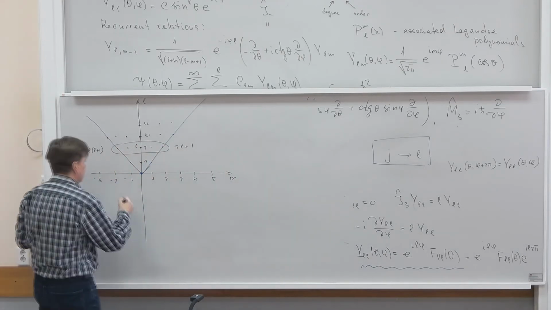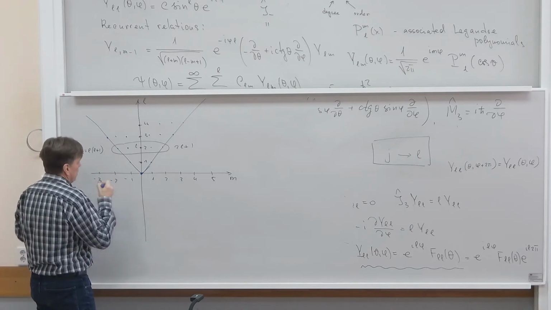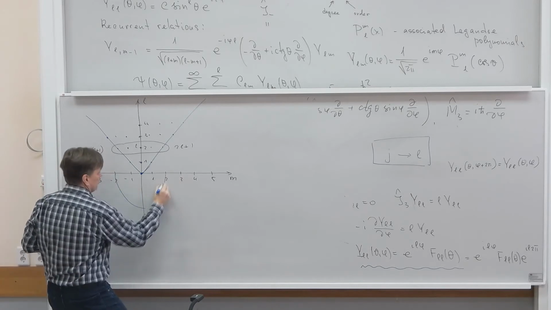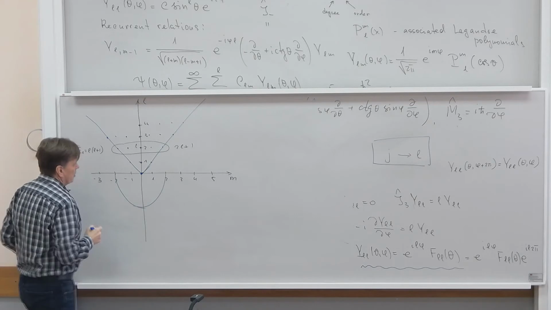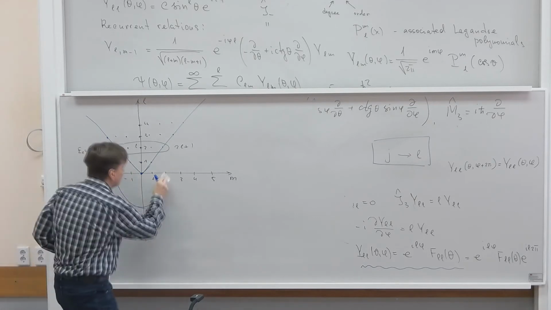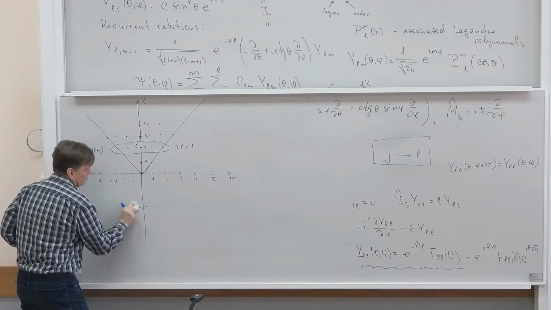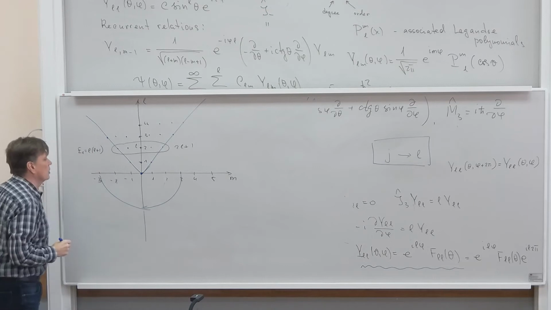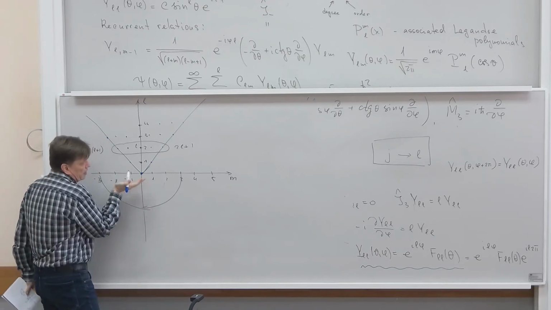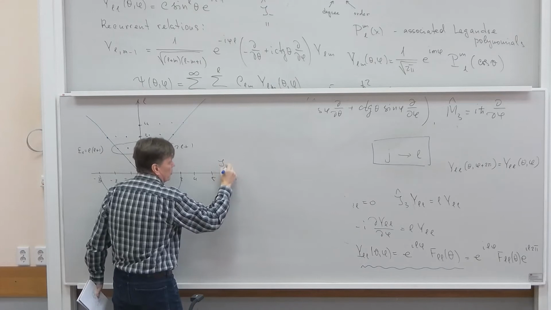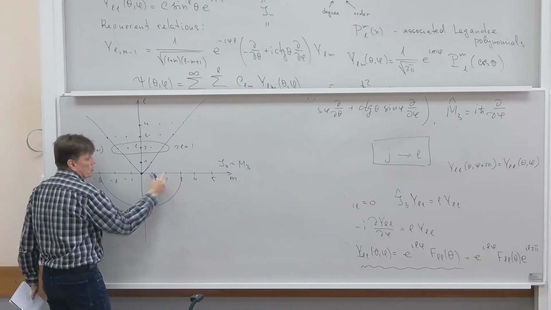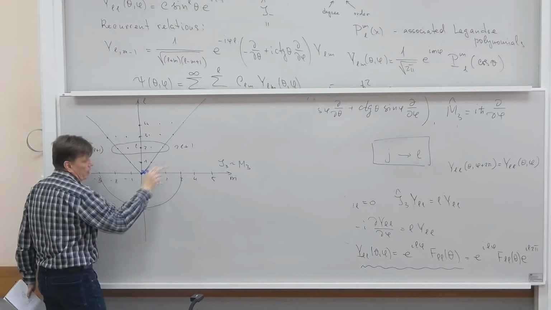So these are points on this circle, and we see that J3 is proportional to N3, so these points correspond to the possible values for the third projection of the angular momentum.